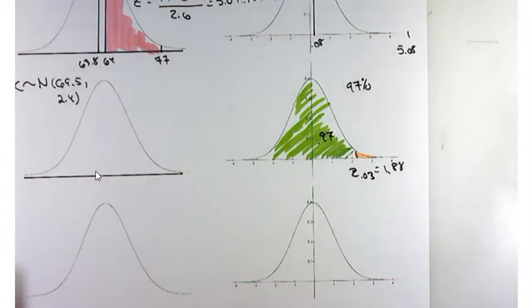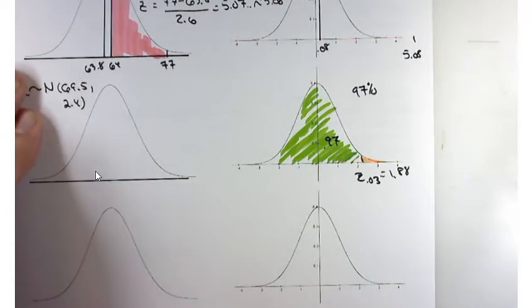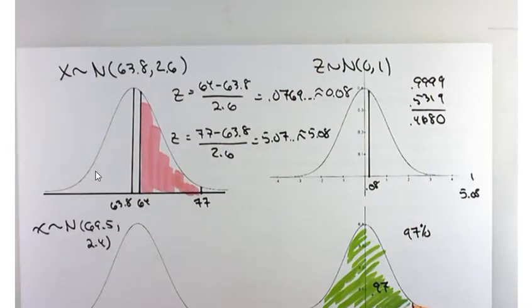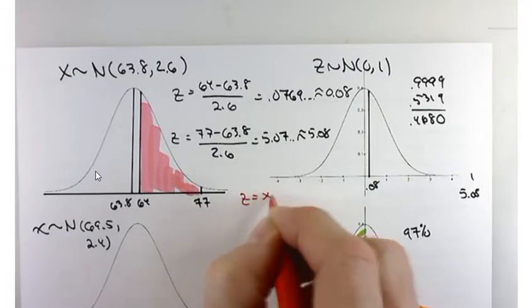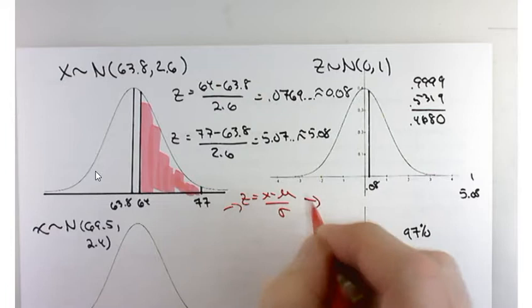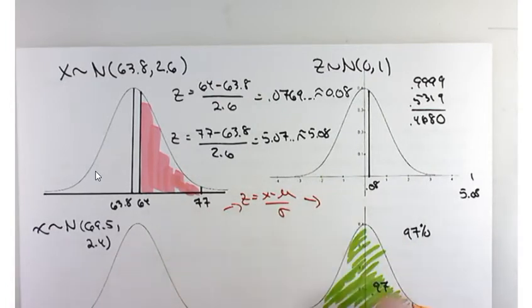Now, when we standardized, when we went from here to here, we used the idea that z equals x minus mu over sigma. That's to go from the non-standard to the standard.